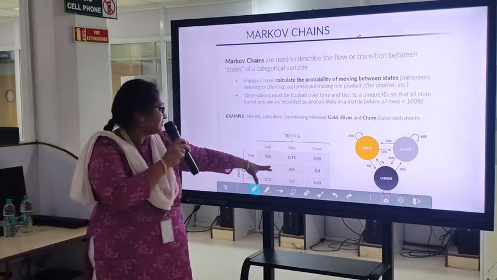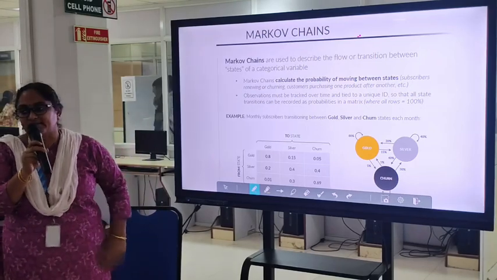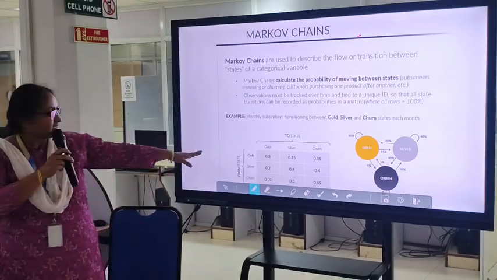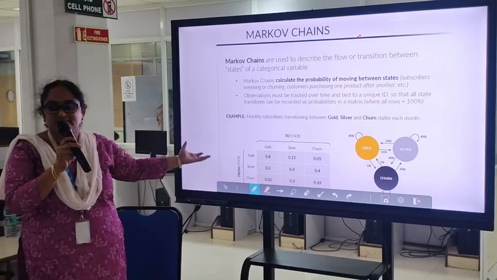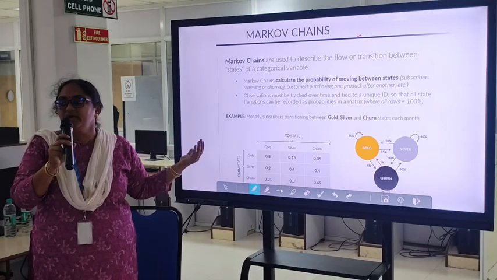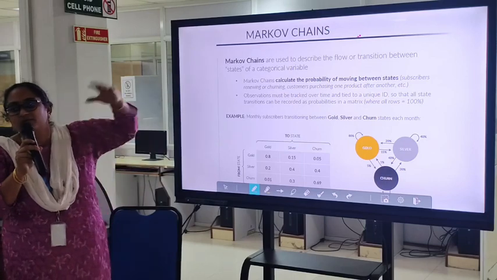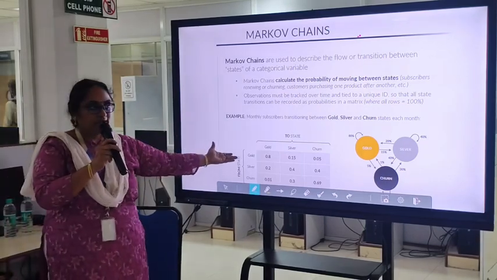We are calculating the probabilities. You know how you calculate the probability, right? This is like a from state and a to state. Depending on the statistics, they calculate the probability. How many customers have bought the gold plan compared to the total number of customers? Maybe out of 100, it's like 80%, 0.8 and so on.